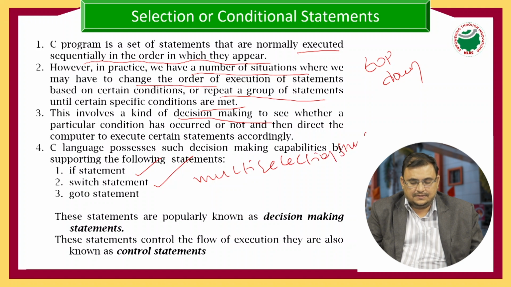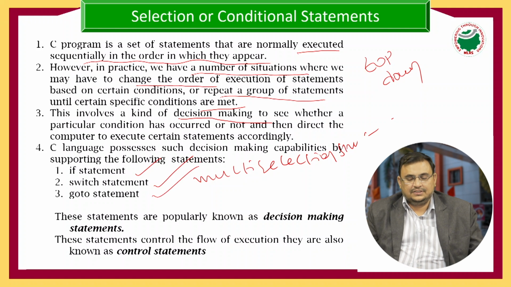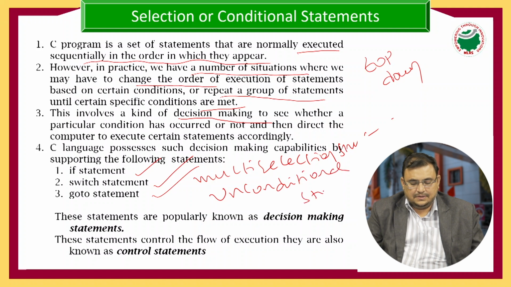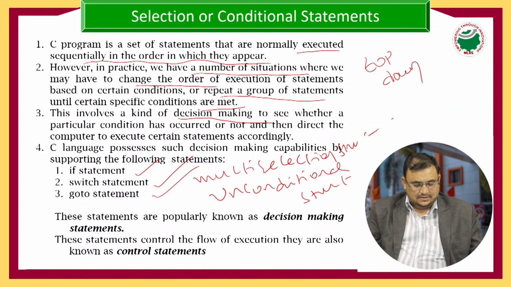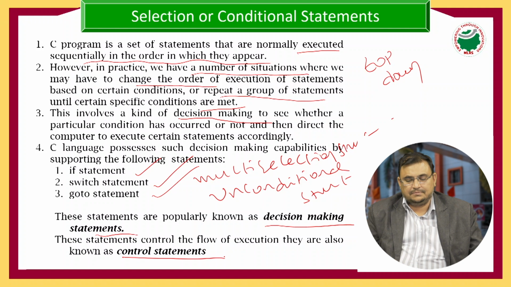And the third one is the goto statement, which is an unconditional statement. These statements are popularly known as decision making statements or control statements.